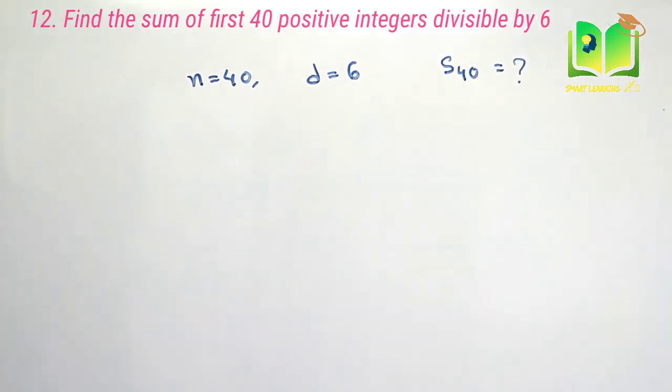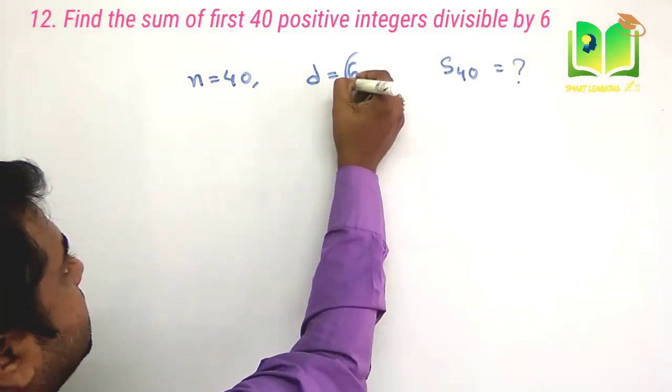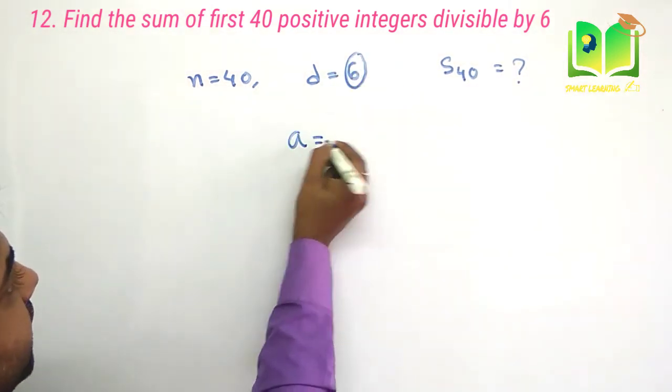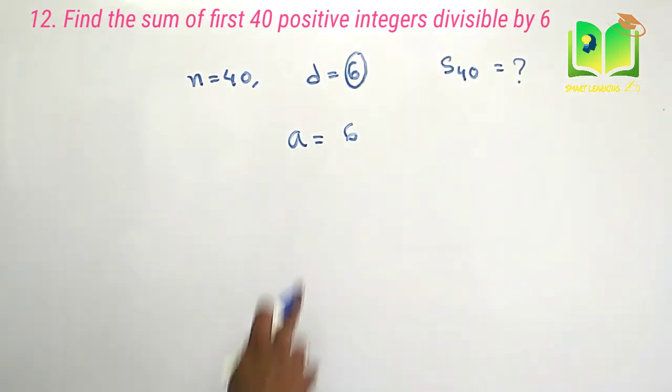So you tell me what is the value, that first value that is divisible by 6. So the first value a will be definitely 6 because 6 is also divisible by 6. So next value will be definitely 12. So like this you have to find out the value of S40.